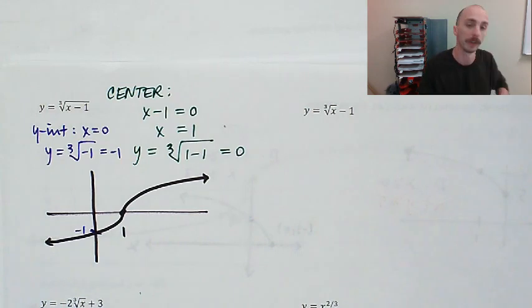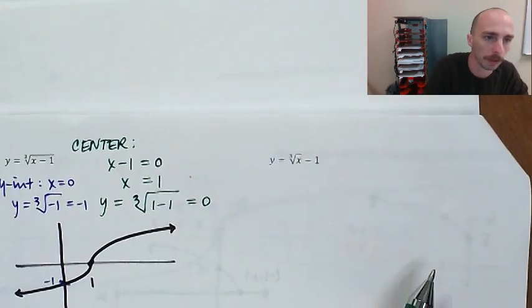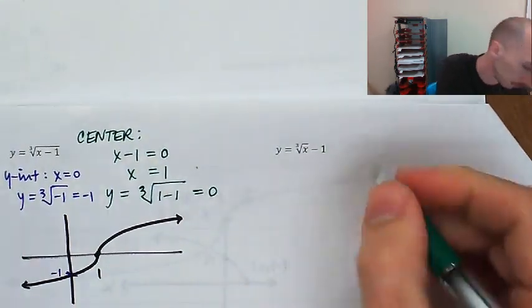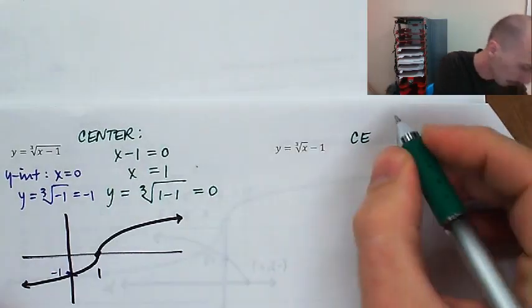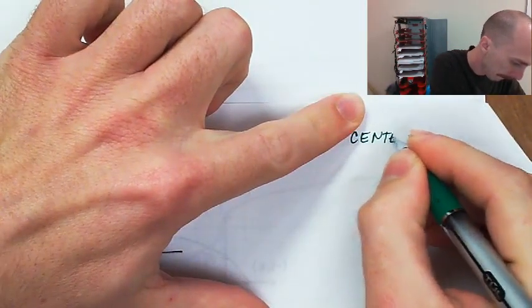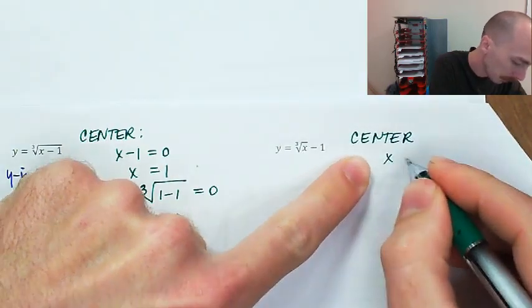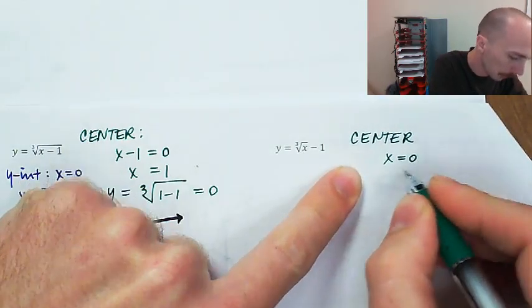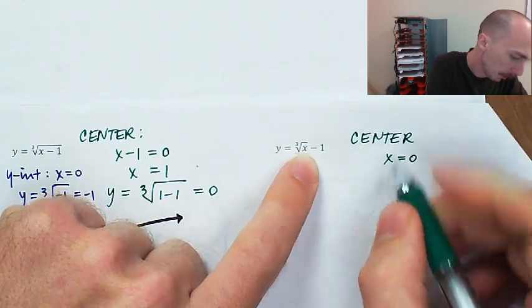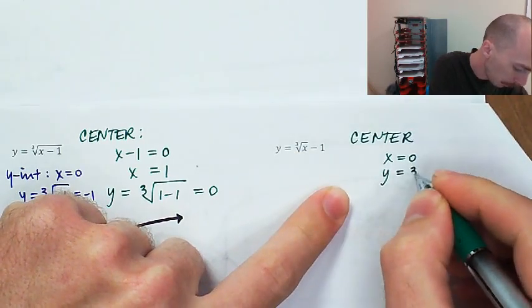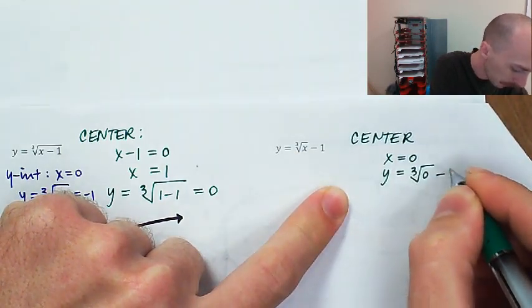For this one, I'm going to do the exact same thing. I'm going to find the center. The center is going to be where x equals 0. But for a cube root, I grab the inside of the radical and set it equal to 0. And then the y-coordinate will equal the cube root of 0, minus 1.